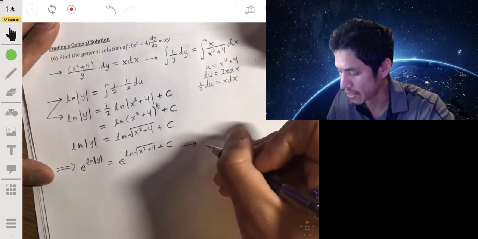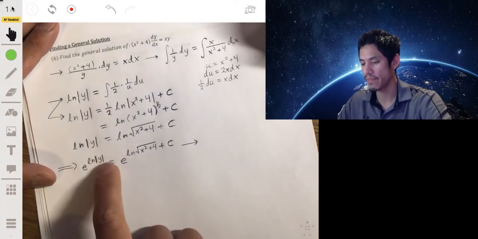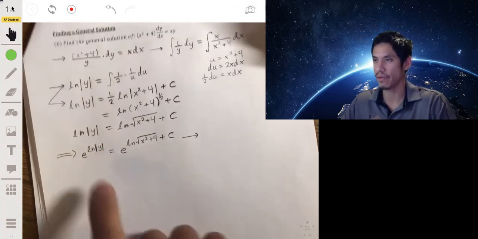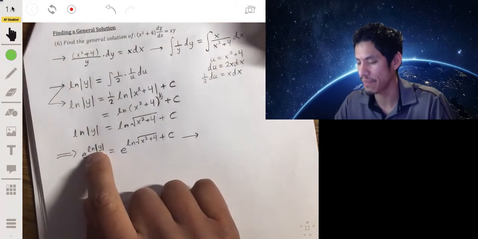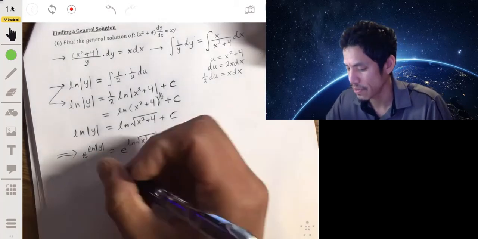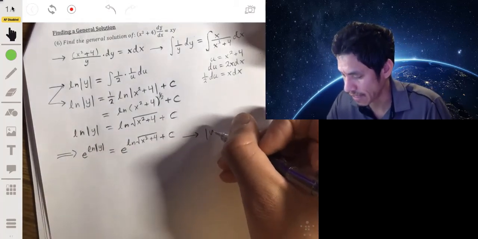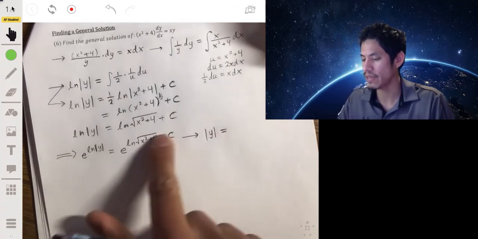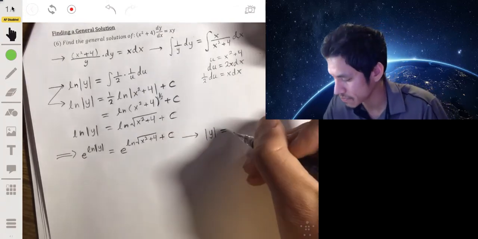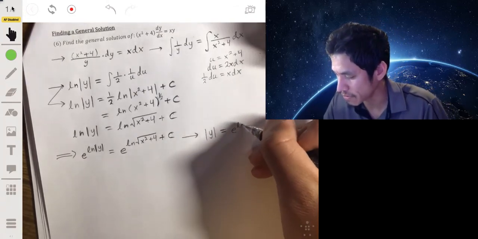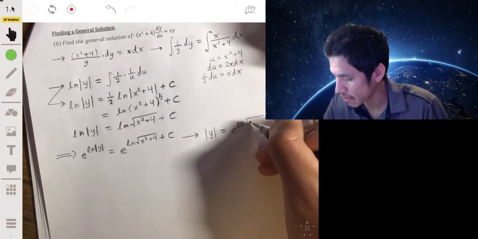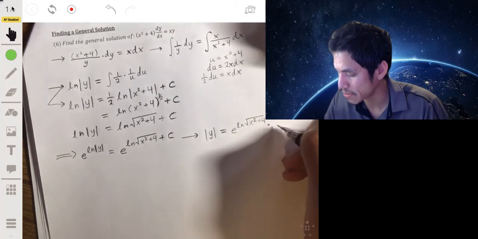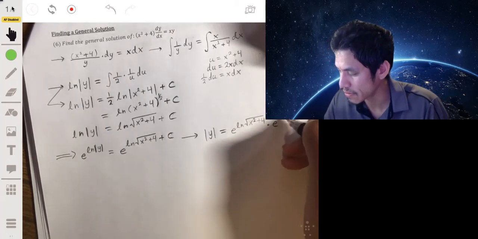And we can rewrite this as, remember, e raised to any natural log is just going to equal whatever that quantity is, because the natural log is by definition of the base e. So the left side will just be equal to the absolute value of y, and we're going to rewrite this as e to the natural log of the square root of x squared plus 4 times e to the c.